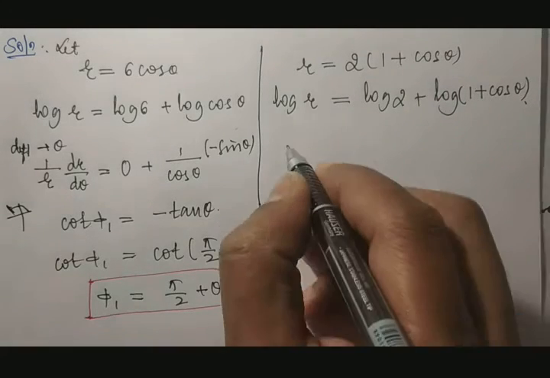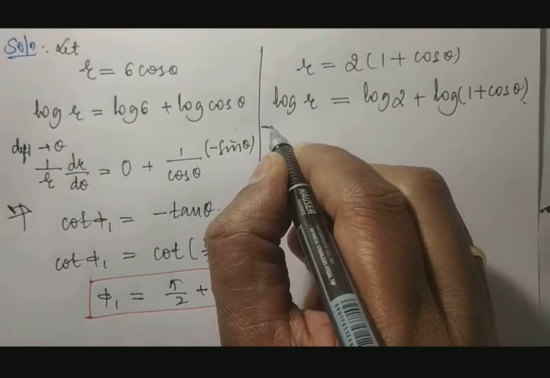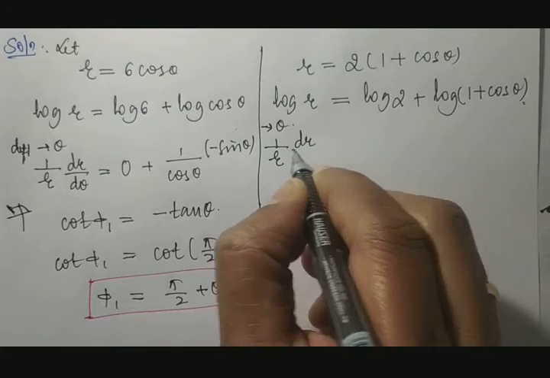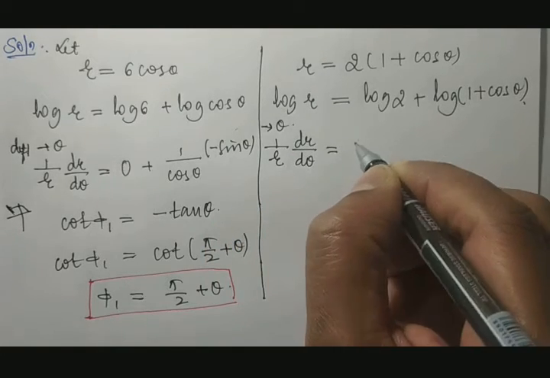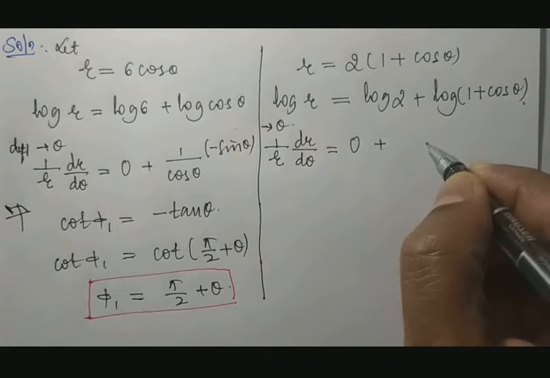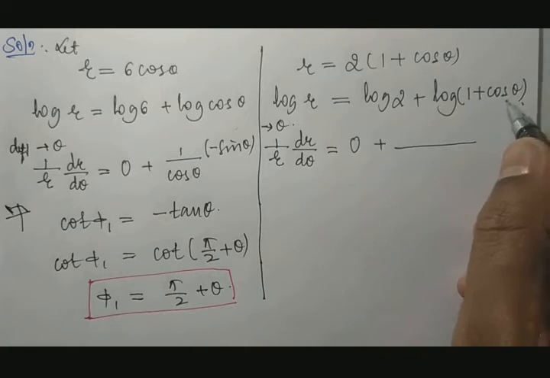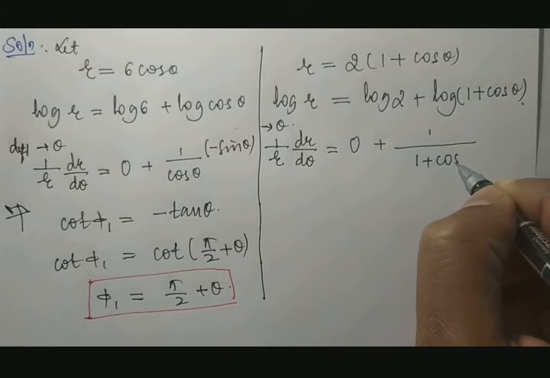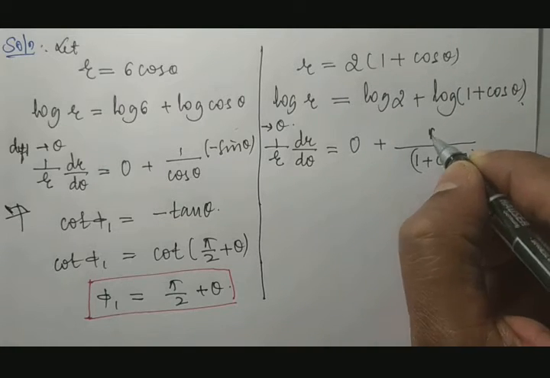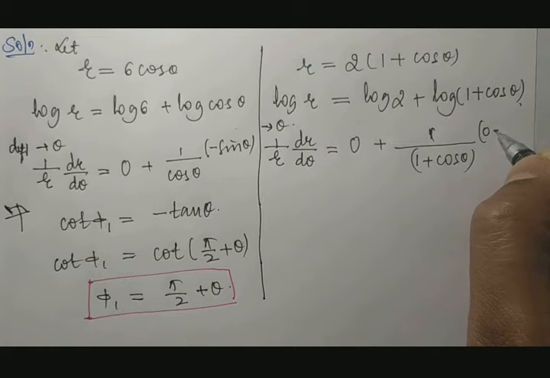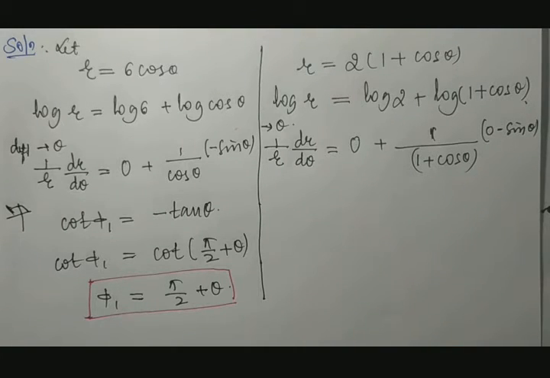Then differentiating with respect to theta gives 1 by r into dr by d theta is equal to the differentiation of log 2, which is 0, plus the differentiation of log of (1 plus cos theta), which is 1 divided by (1 plus cos theta), and the differentiation of the bracket gives minus sin theta.